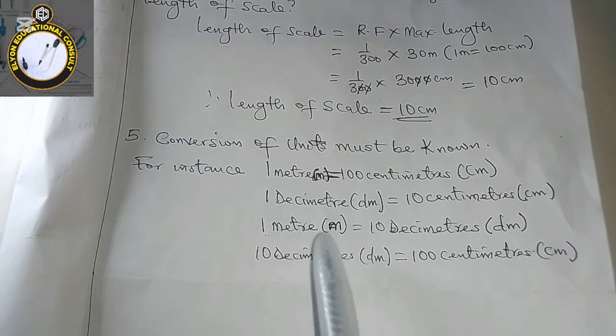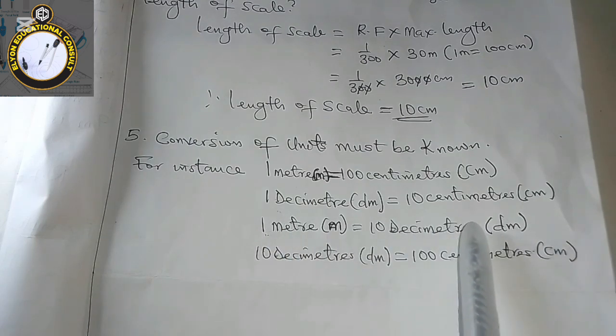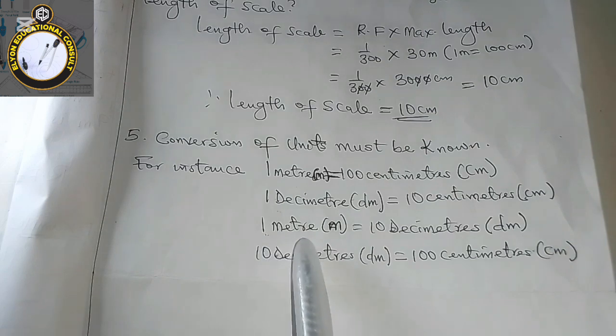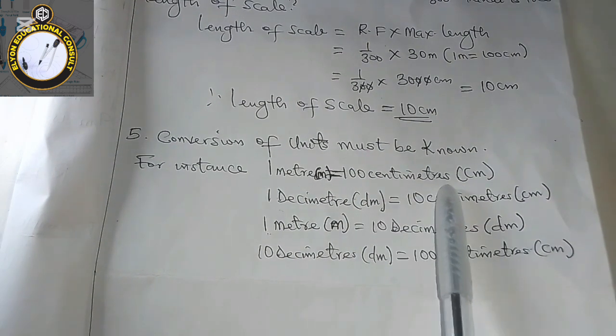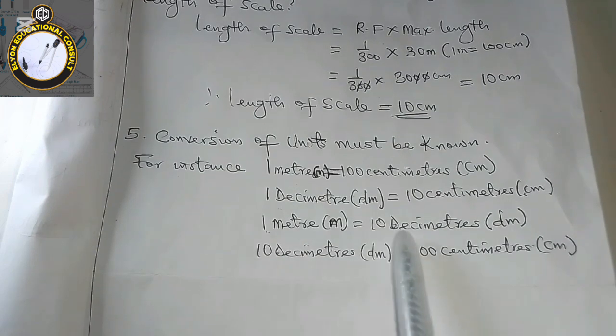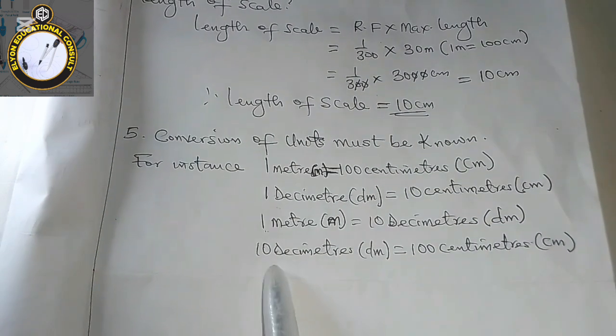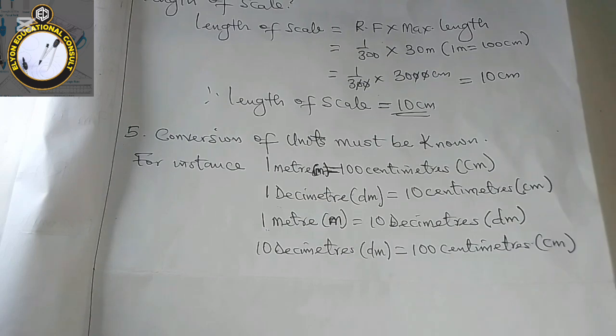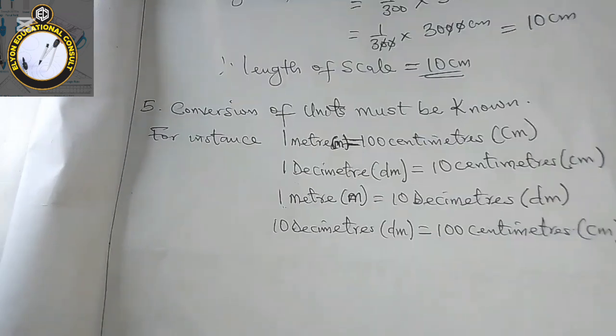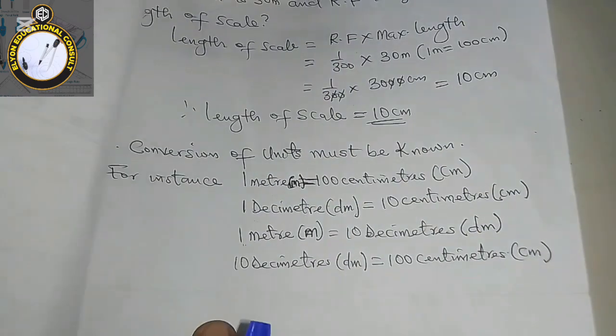Then if 1 meter equals 100 centimeters, and 1 meter is also equal to 10 decimeters, it means also that 10 decimeters equals 100 centimeters.